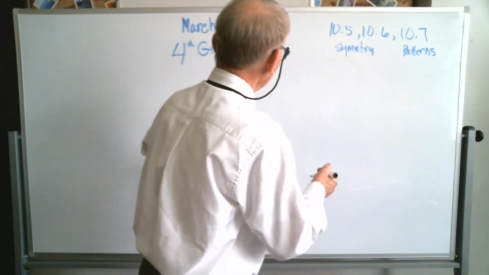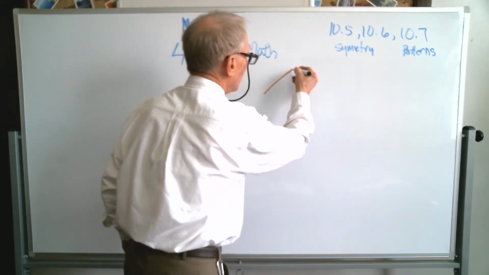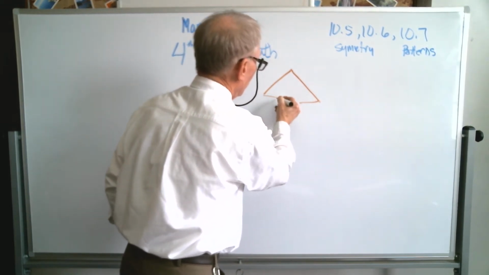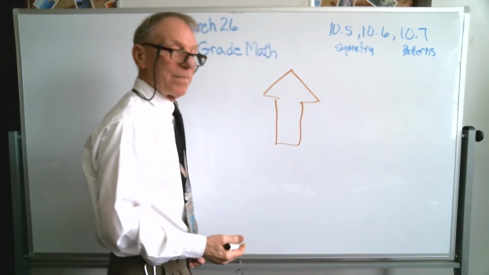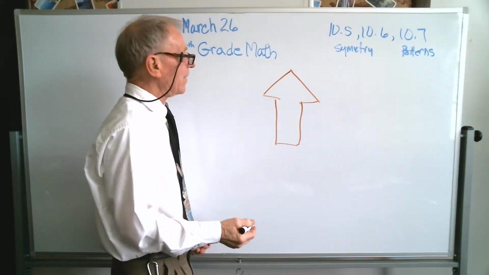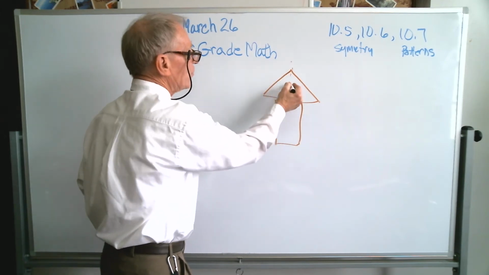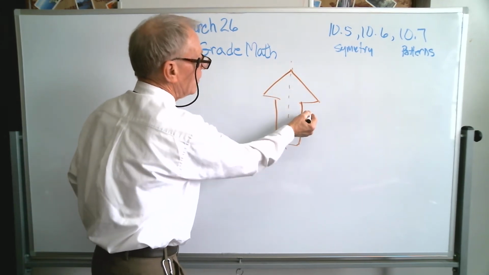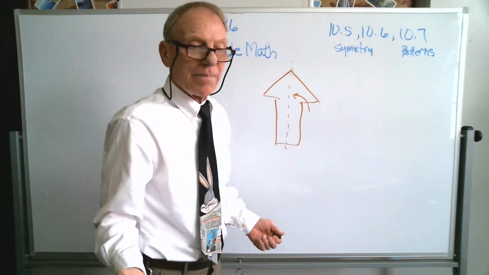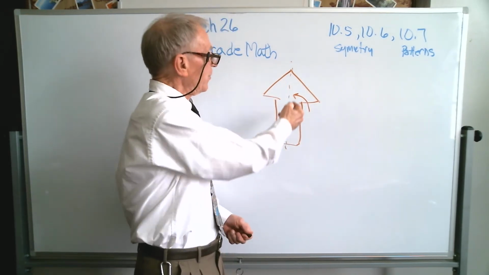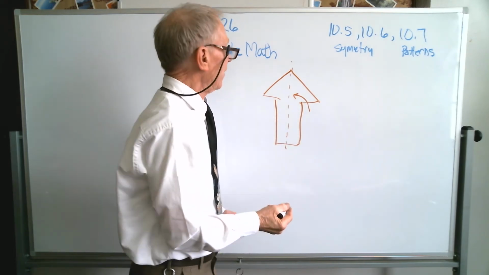It looks like this. And it's saying, does this shape have a line of symmetry? And if you go this way, right down the middle of it, and fold this half over onto this half, it would be exactly the same. So yeah, it would be symmetric, and you could have a line of symmetry.